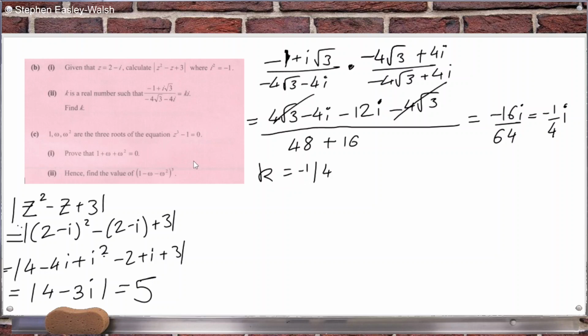Okay, next we want to find the roots of z cubed minus 1. So this is part C now. So we can factorize here the difference of two cubes, z minus 1 times z squared plus z plus 1 equals 0.